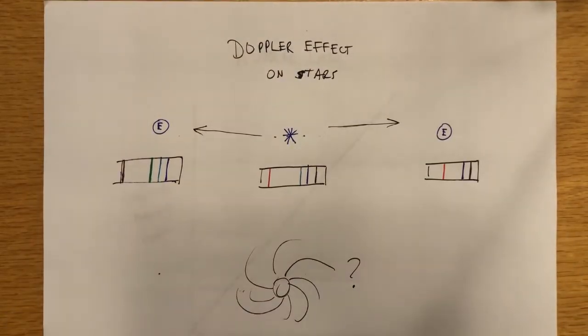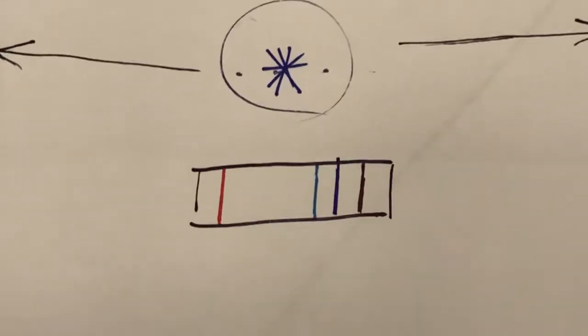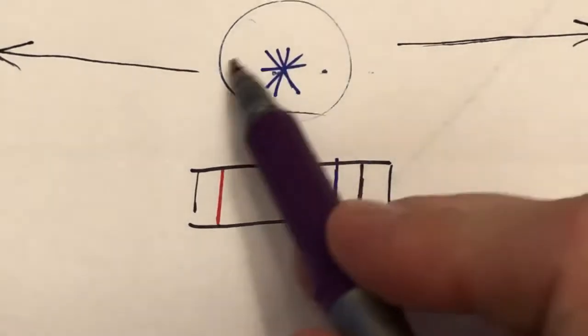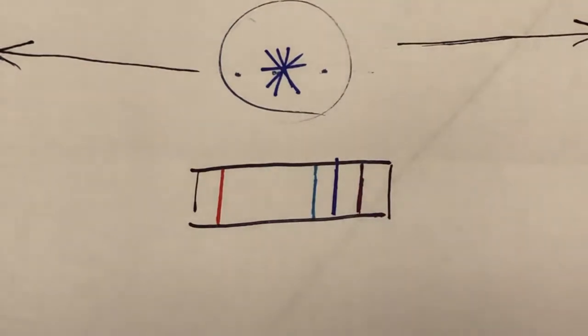Stars. So here I have a star. Now this star, let's pretend, I'm going to zoom in a little bit real quick here. Let's pretend it's stationary. Okay, ignore my arrows. If it's stationary, it's giving off mostly hydrogen lines. So remember from a couple of videos before, we can use a spectroscope to see what a star is made of.